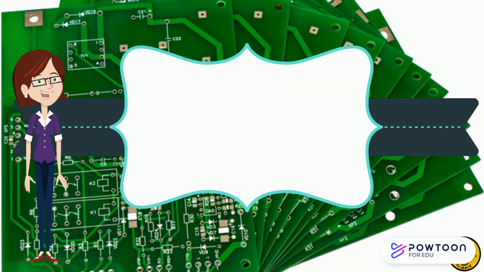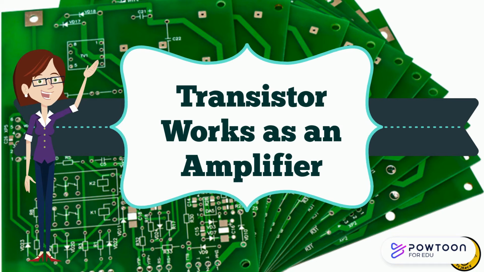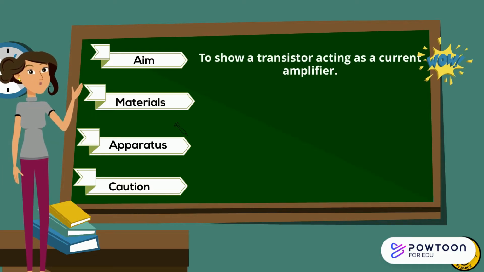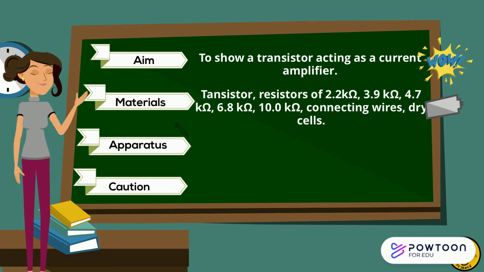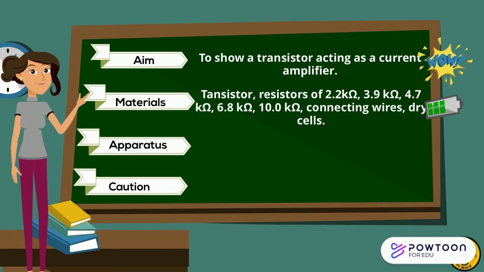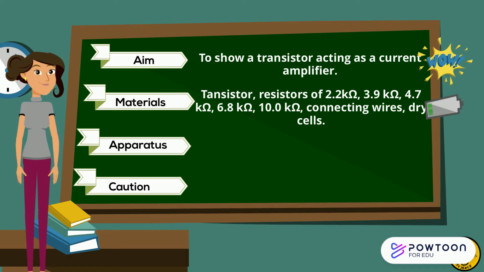Let's look at a transistor working as an amplifier. Aim: to show a transistor acting as a current amplifier. Materials: transistor, resistors of 2.2 kΩ, 3.9 kΩ, 4.7 kΩ, 6.8 kΩ, and 10 kΩ, connecting wires, and dry cells.